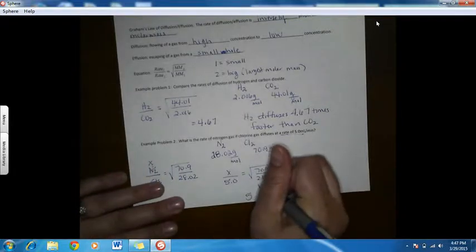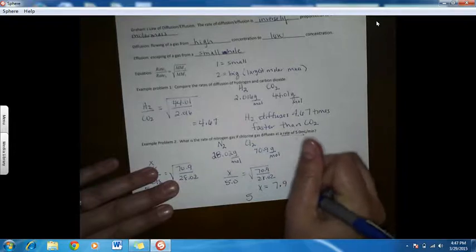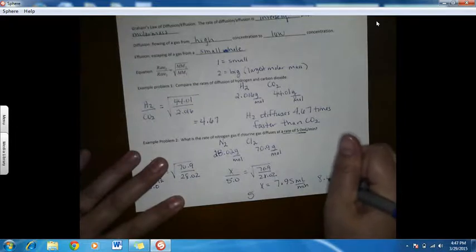We'll solve this: square root into parentheses, 70.9 divided by 28.02, and then multiply by 5. Then we'll find that x is 7.95 milliliters per minute. Our correct significant figures, since this had 2, should be 2 significant figures, so we'll round that to 8.0 milliliters per minute.